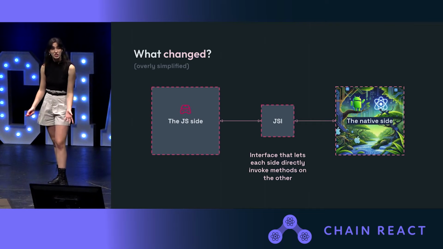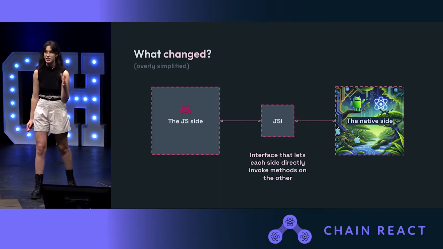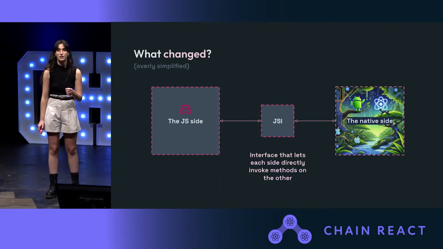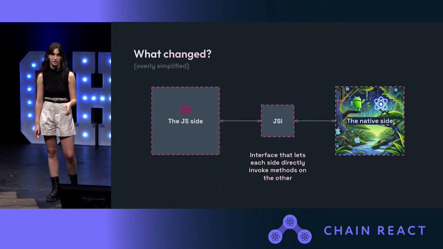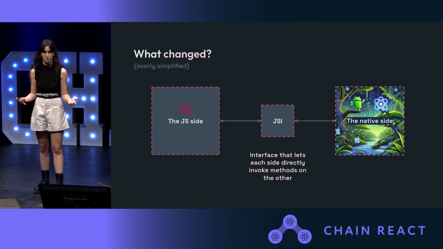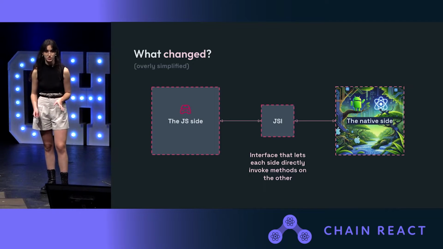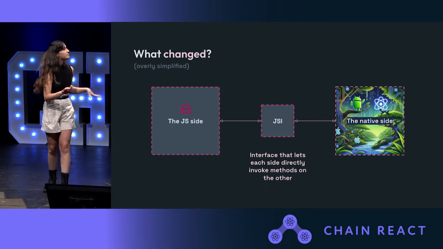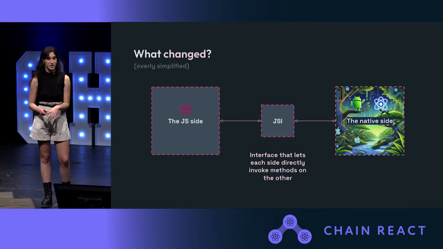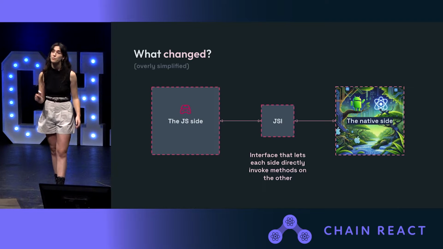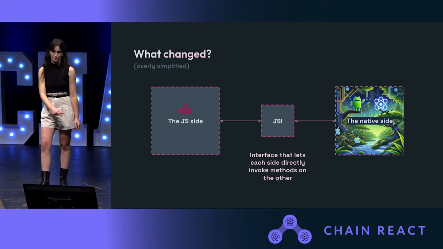So, what changed? How was this fixed? Again, this is overly simplified. If you want to learn more about the new architecture, I recommend you take a look at the React Native official documentation about the new architecture, which is really good. But yeah, very simplified. There's an interface now that lets each side directly invoke methods on the other side.